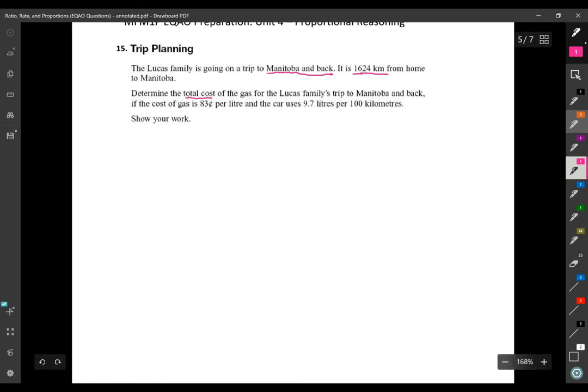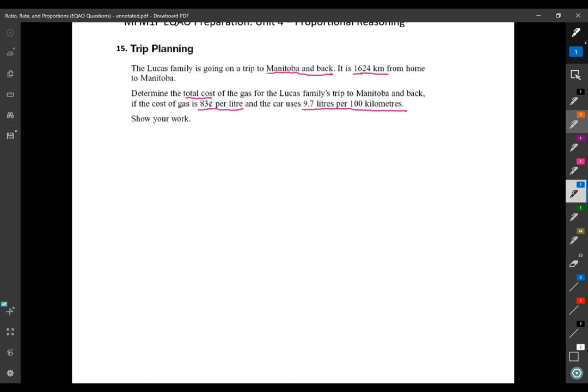Determine the total cost of the gas for the Lucas family trip to Manitoba and back if it costs 83 cents per liter, and the car uses 9.7 liters per 100 kilometers. Show your work.